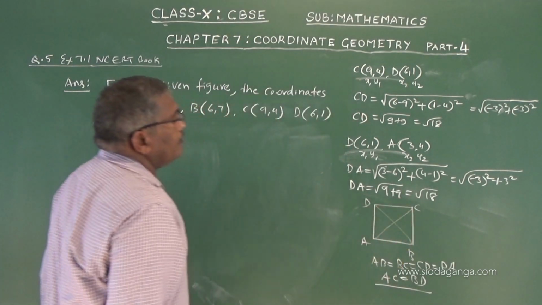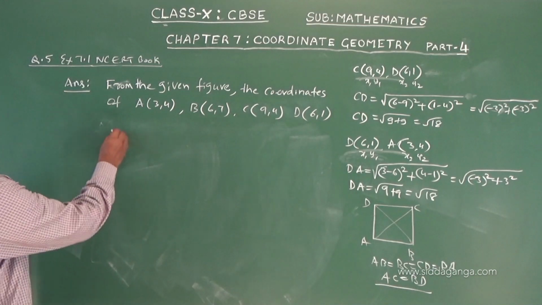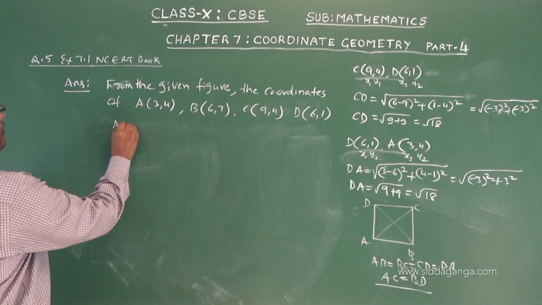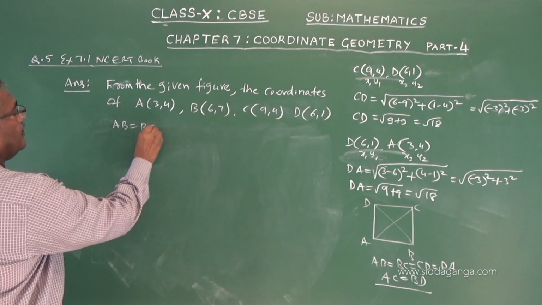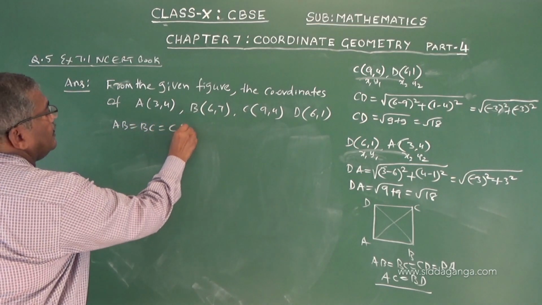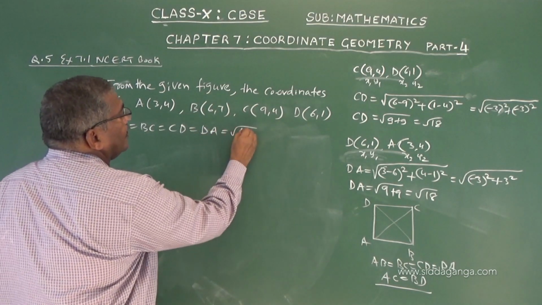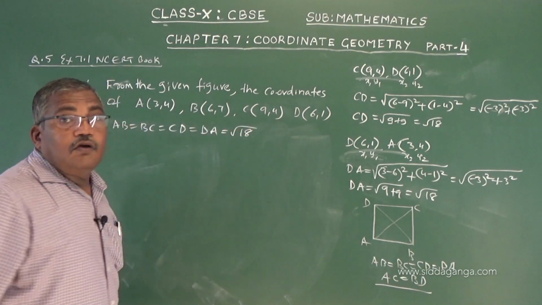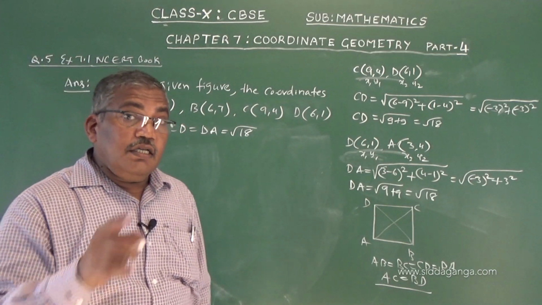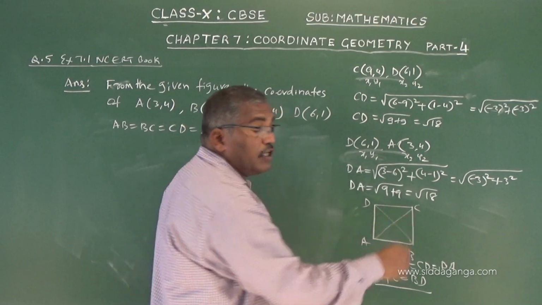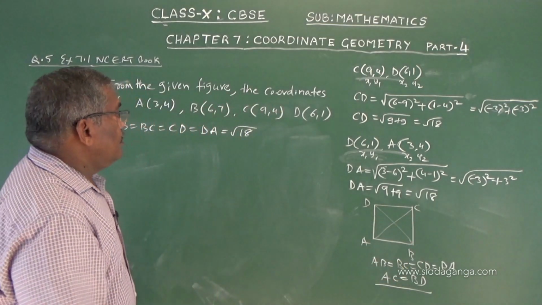Now I will continue. We have found that AB equals BC equals CD equals DA equals square root of 18. All these are equal. So in such a case, it may be a square or it may be a rhombus.